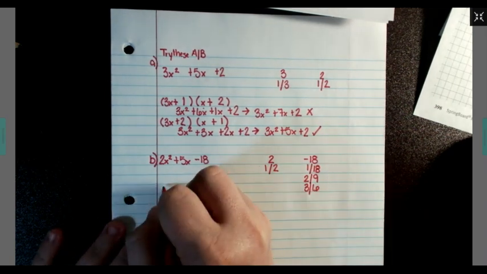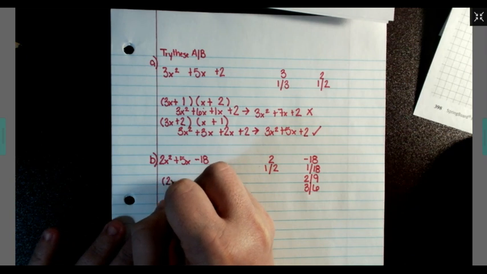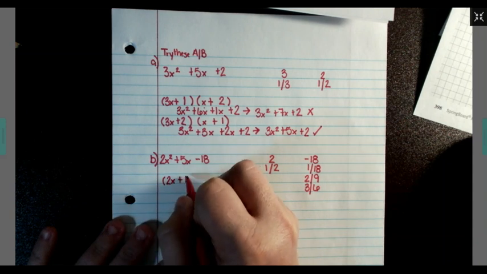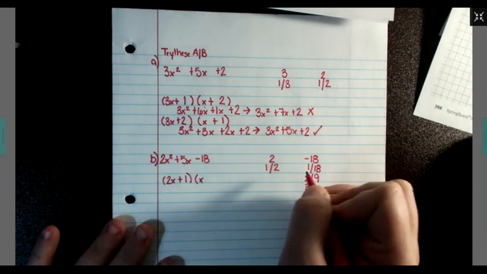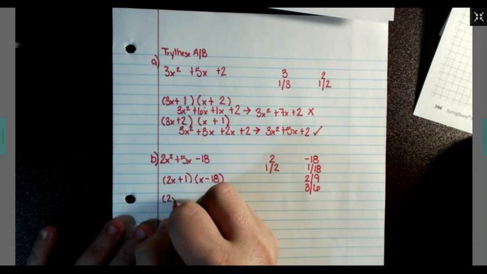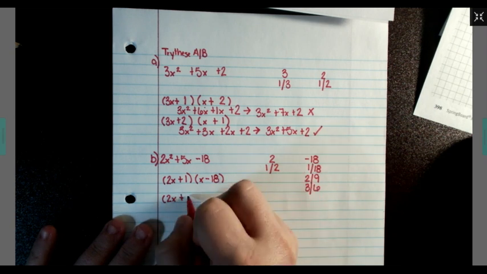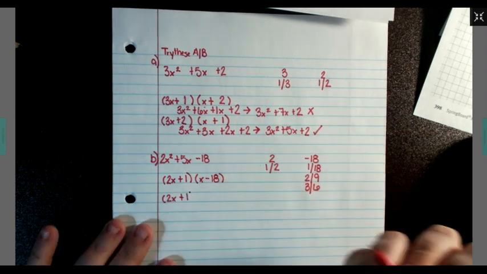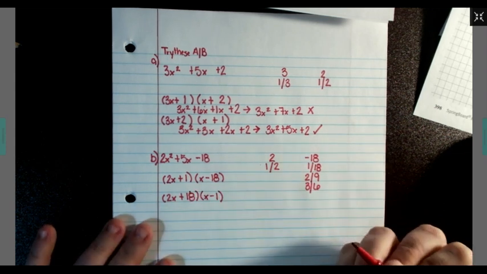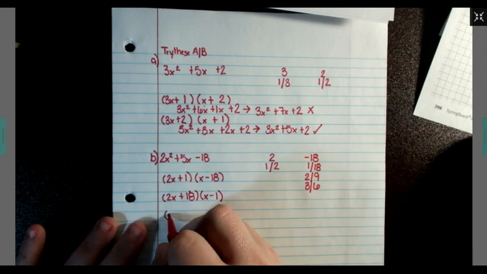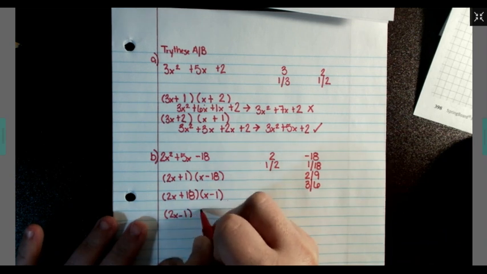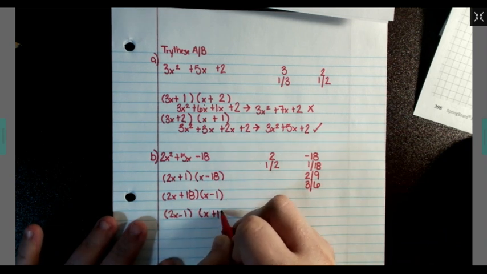So my different possibilities here are 2x plus 1 times x minus 18. We could have 2x plus 18, x minus 1. We could have 2x minus 1, x plus 18.